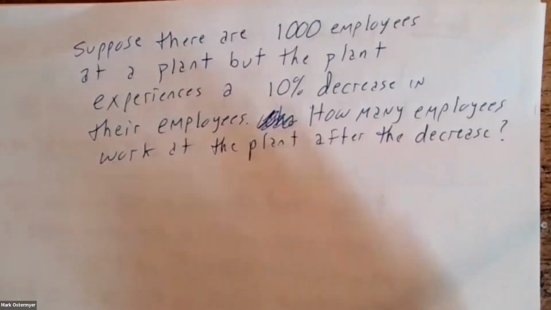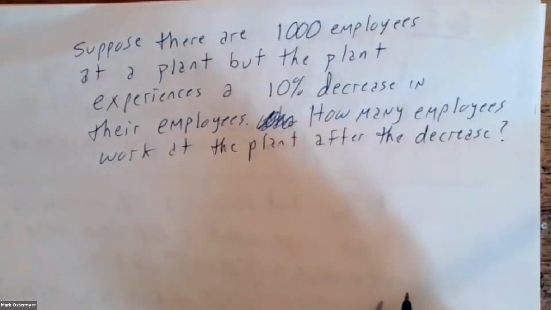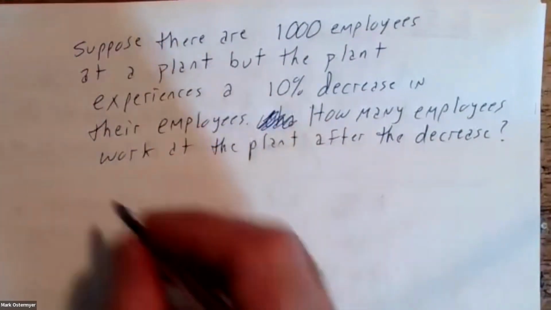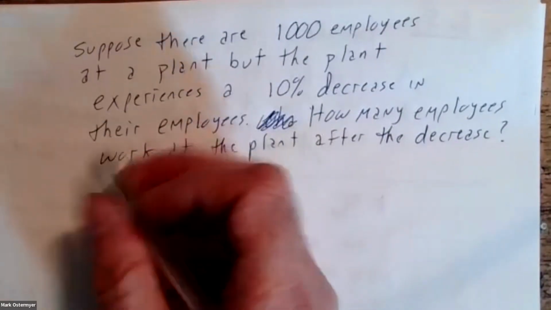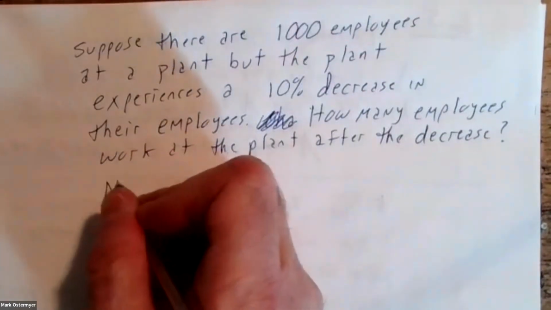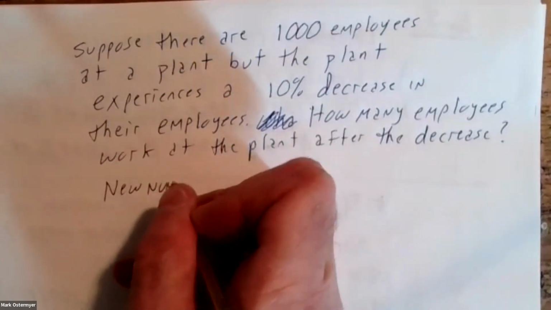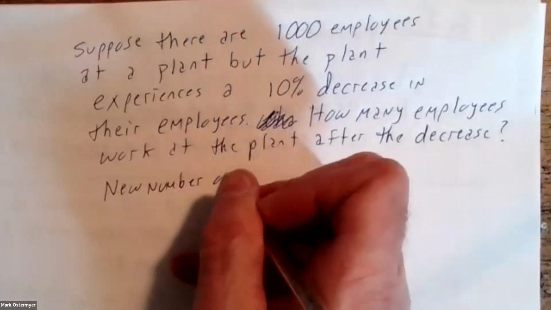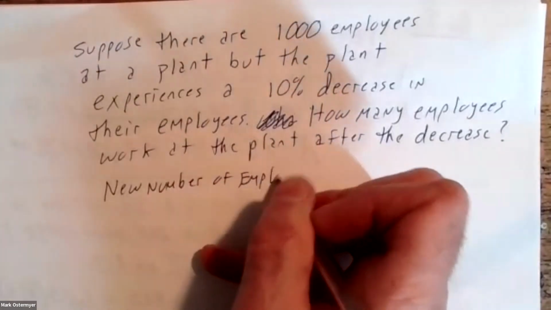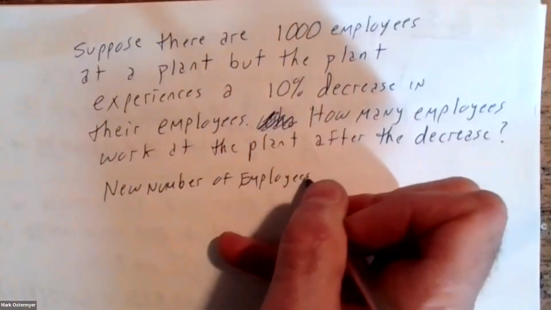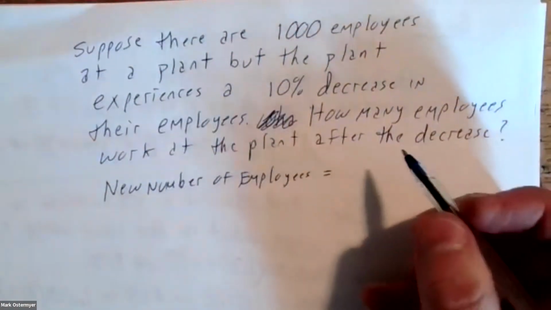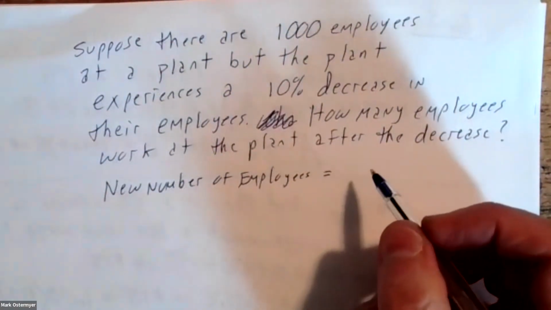Well, we don't know how many people are going to be working at the plant after the decrease, so we'll call it the new number of employees in general. New number of employees is equal to what percent of the original number of employees?